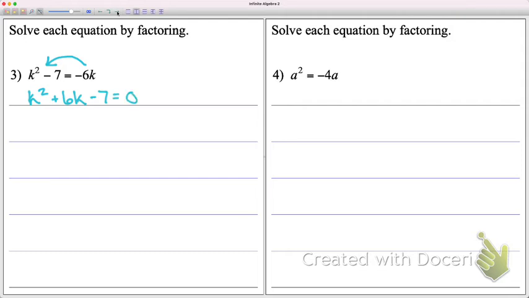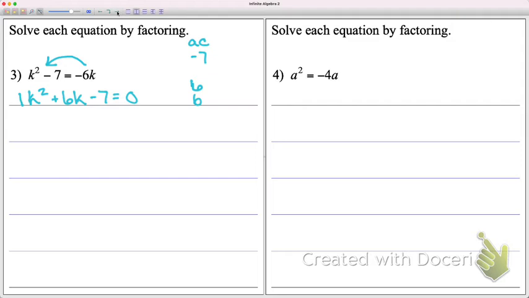Would the 7 go on the top or the bottom? The negative 7 always goes on top. AC goes on top and B goes on the bottom. So A is 1, yes. So negative 7, I need the factors of negative 7. Now, it's negative, so they're not going to add, they're going to what?